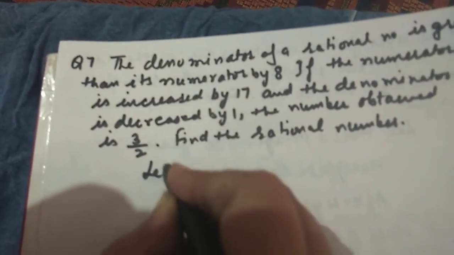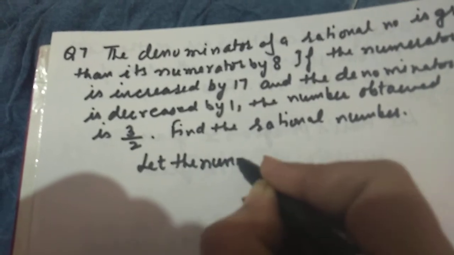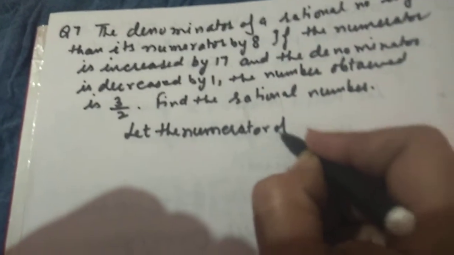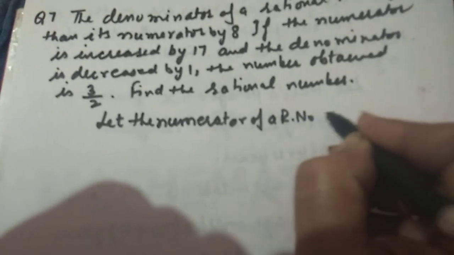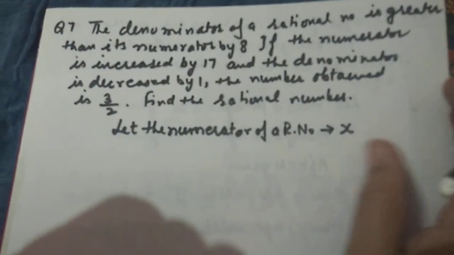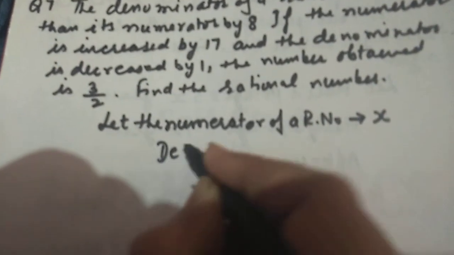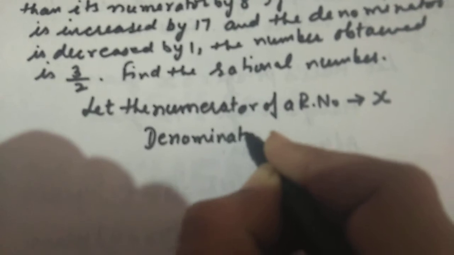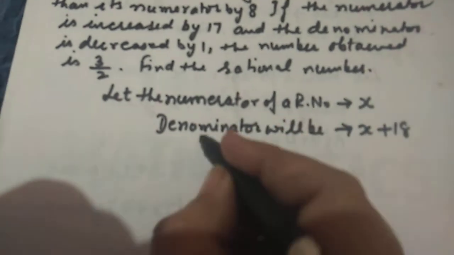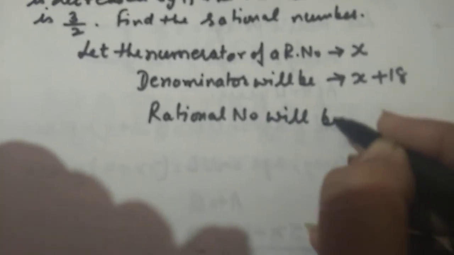In the same way we'll assume, let the numerator of the rational number be x. The denominator is greater than the numerator, so the denominator will be x plus 8. Now the rational number will be x upon x plus 8.